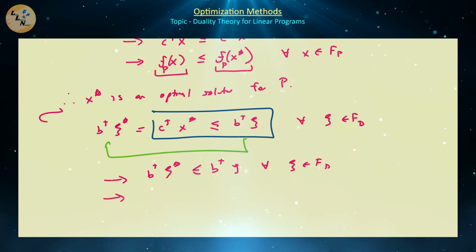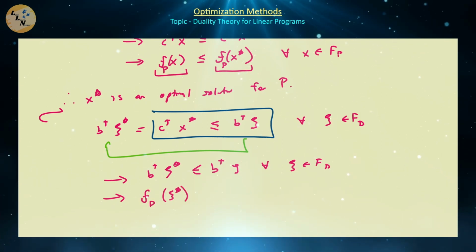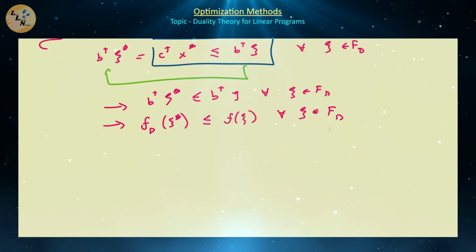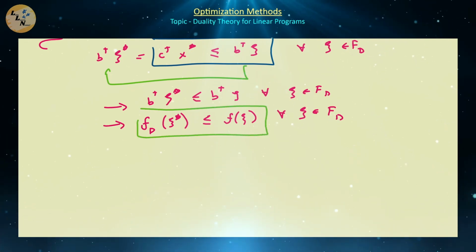And if we write that in functional form, that's the same as fd of psi star is less than or equal to fd of psi for all psi in FD. So what does that mean? Well, keep in mind if we're trying to maximize fp, that means we're trying to minimize fd. And what we have here is that fd of psi star is a lower bound for all of the values which fd can take.